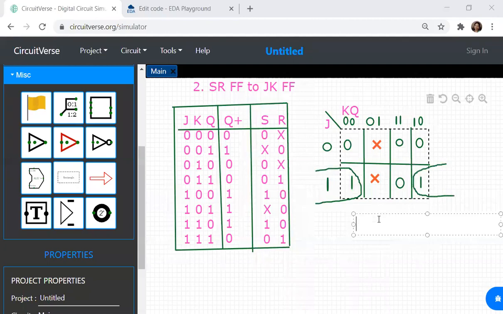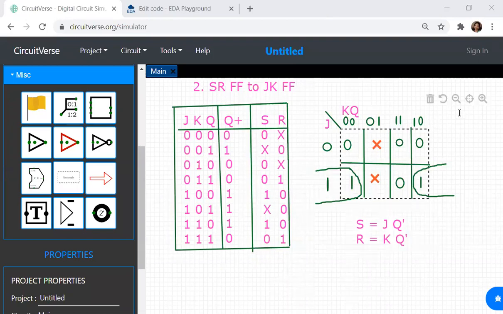This is the K-map for S. So S is equal to J into Q bar, Q bar or Q plus bar you can write. Similarly, if I write the expression for R using the K-map, R will be equal to K into Q. This expression is written.